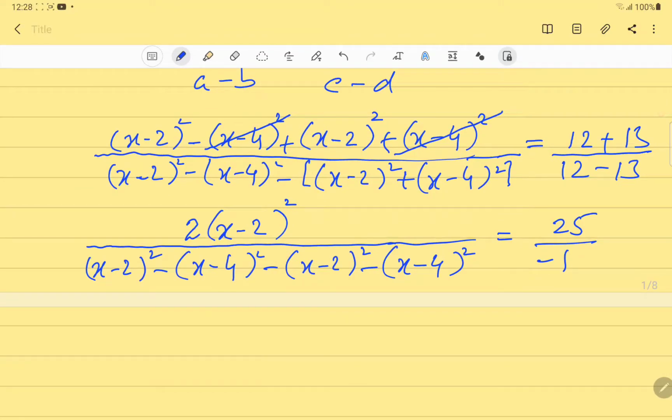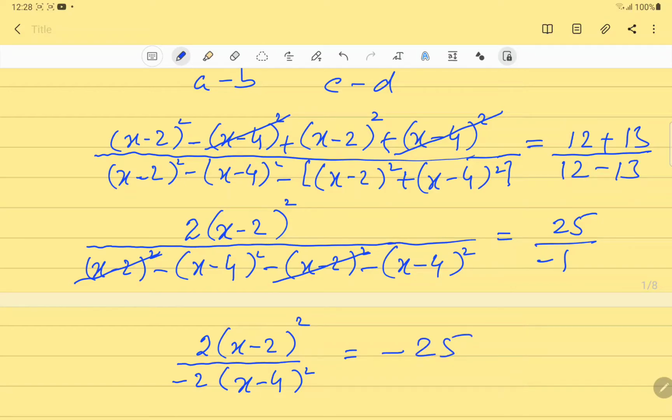Now (x minus 2) squared is occurring twice, but one is with positive sign and the other one is with negative sign. So both will cancel with each other and we will have 2 into (x minus 2) squared over minus 2 into (x minus 4) squared is equal to minus 25.